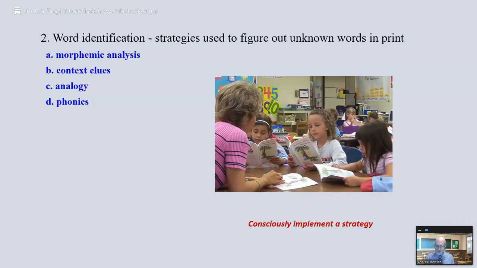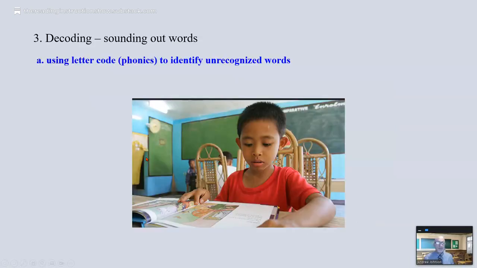I need to consciously implement a strategy. So we consciously implement one of 4 strategies to identify the word. We teach the strategy, the process, to develop the skill. So eventually they do these things automatically. More on that in a later.